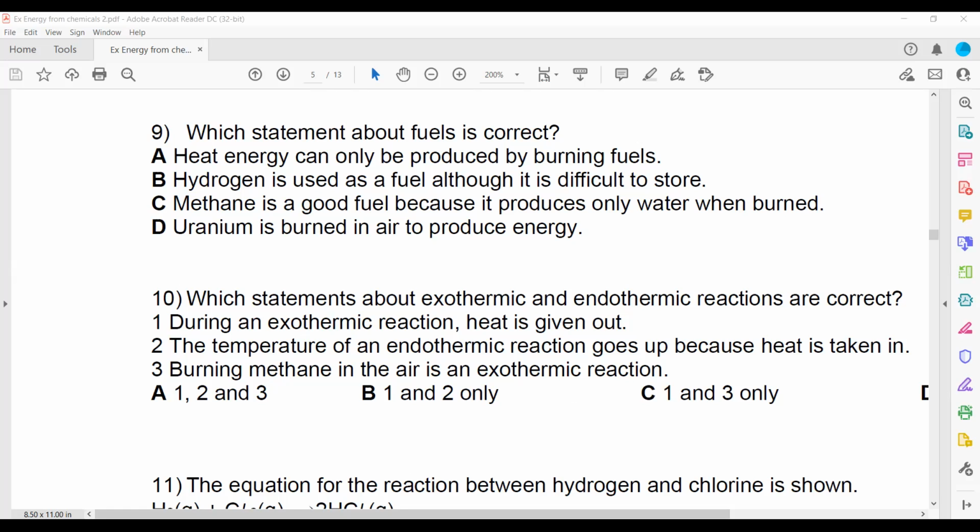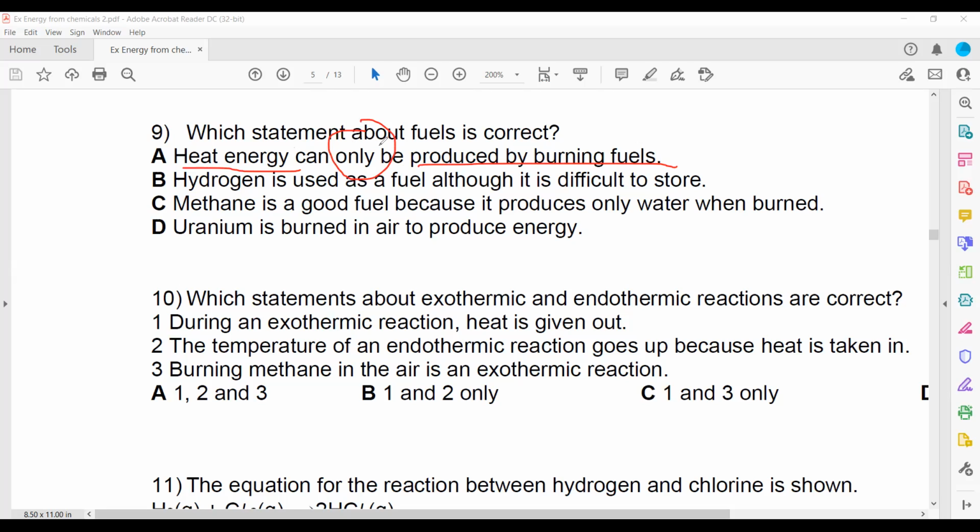Yeah, what about the others? So when you check the option, they say heat energy can only be produced by burning fuel. It's written 'only'.